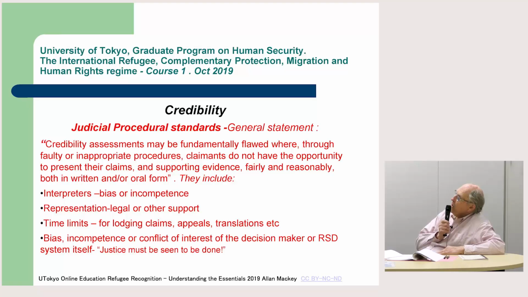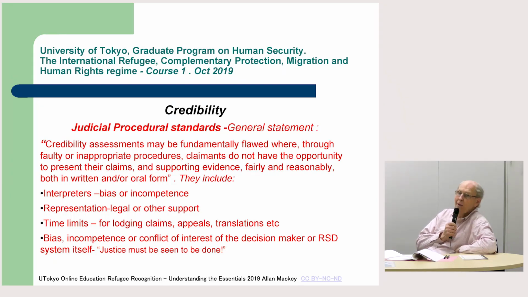Okay, so there are a lot of procedural ones too that cause problems, through faulty, inappropriate procedures, to present their claim fairly and reasonably, in both written and oral form. We've talked a lot about interpreters. The law, in most countries, is you can only really refuse an interpreter if there is clear bias or incompetence.